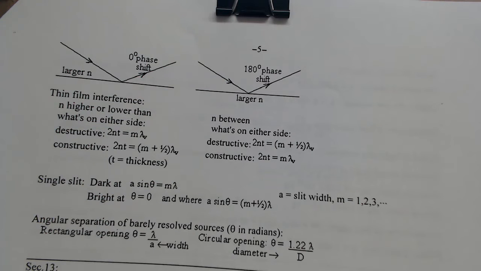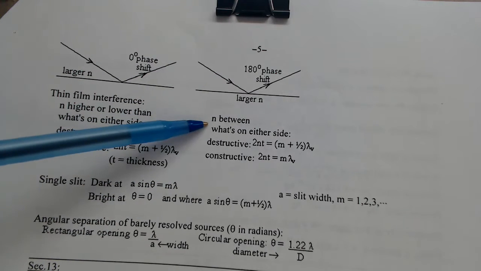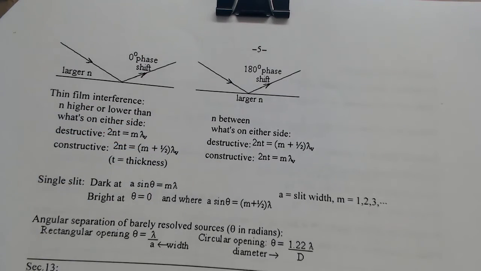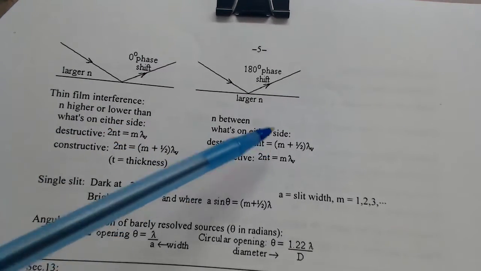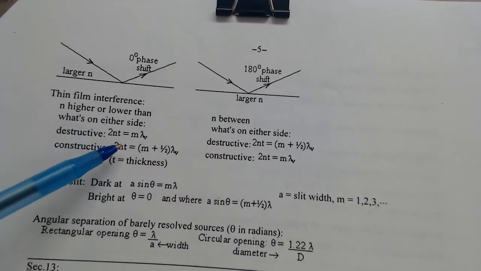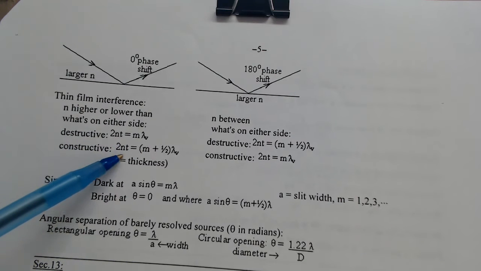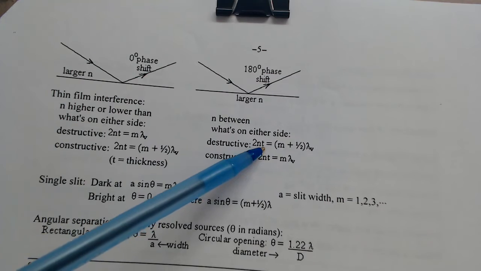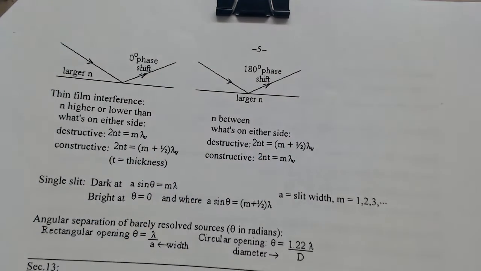And then beyond that, there's air. So you've got air on one side, glass on the other. The coating has an index of refraction between what's on either side of it. And you see the equations are switched. The one that gives you constructive interference in the one case is the same equation that gives you destructive interference in the other case.